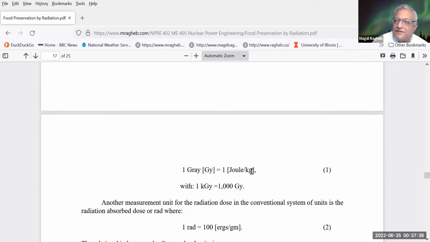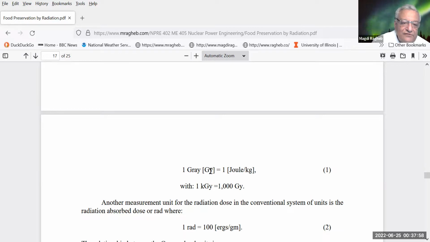The purpose here is to kill bacteria, fungi, beetles or insects in the material. So that is basically what you can call a specific energy. 1 gray is a specific energy of 1 joule per kilogram.